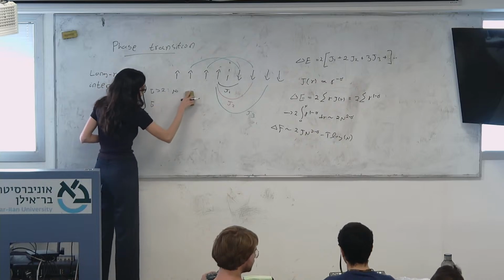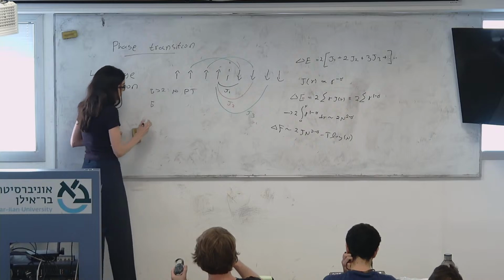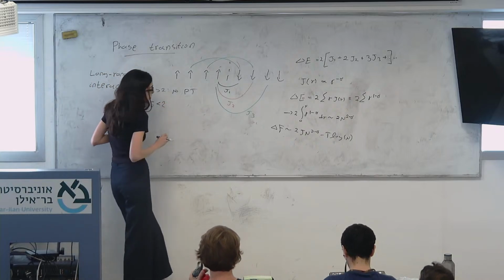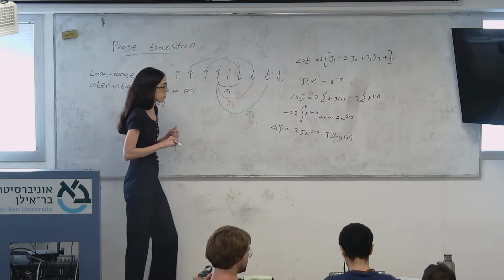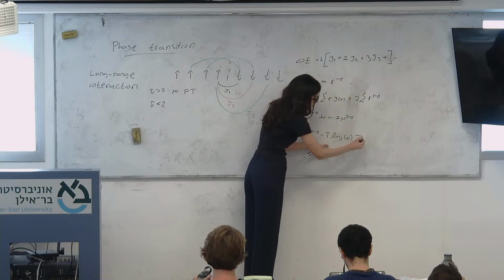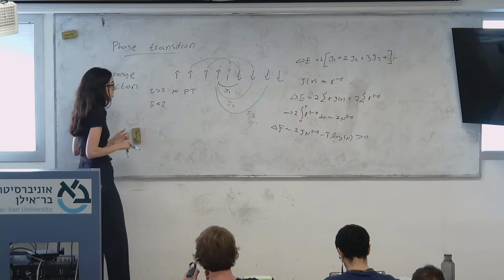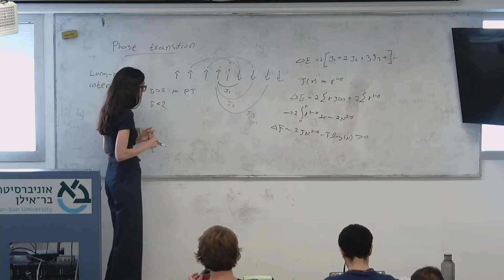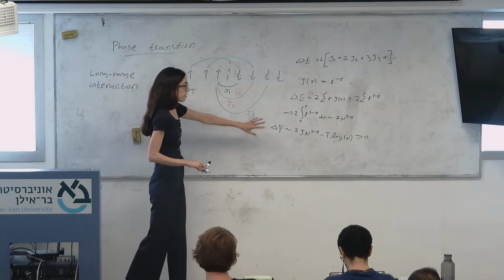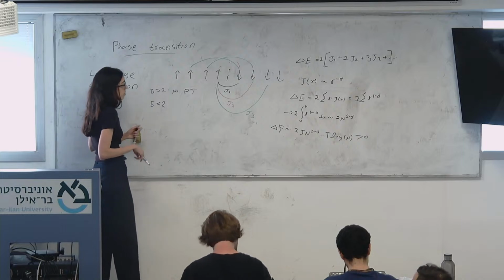Phase transition, PT. We're just going back to the same case we had before. So if sigma is larger than 2, we're not going to have a phase transition.